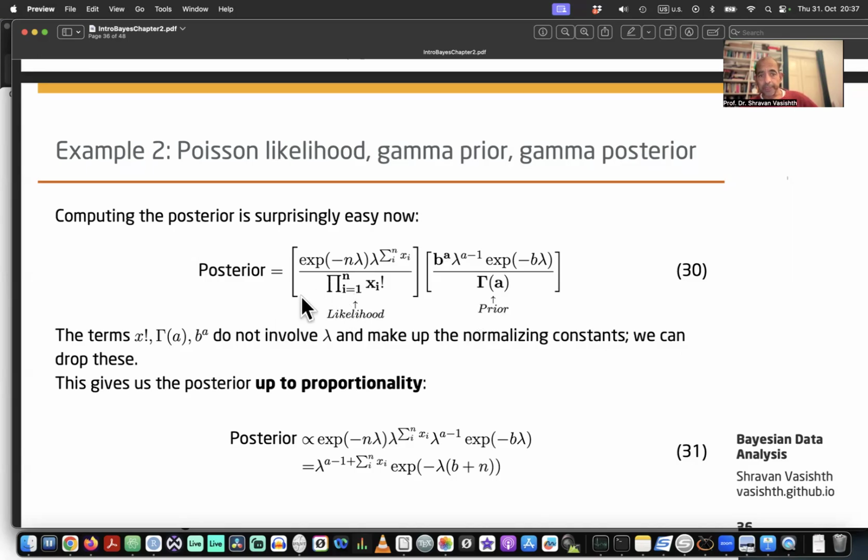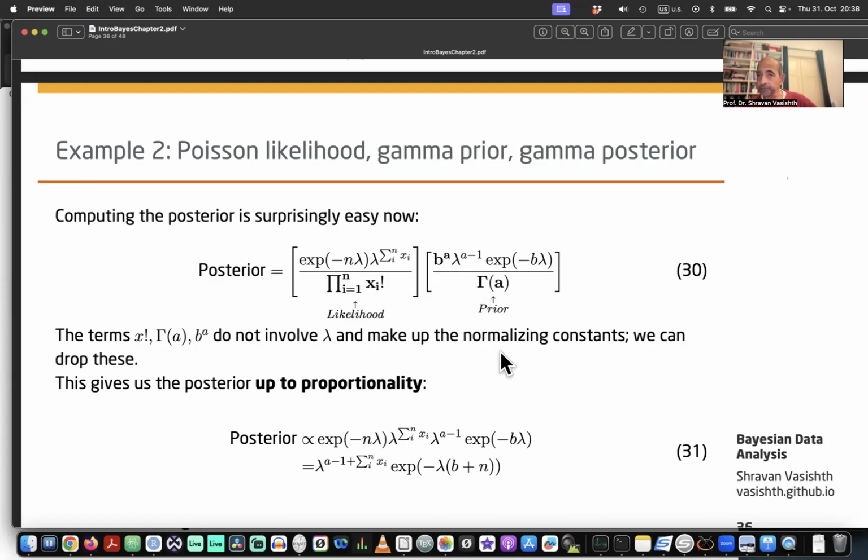So what we end up with is that these terms, this denominator here, this denominator here, and b to the power of a, do not involve lambda at all, and they make up the normalizing constant for the posterior.